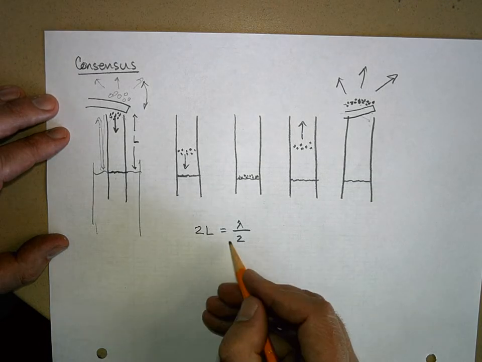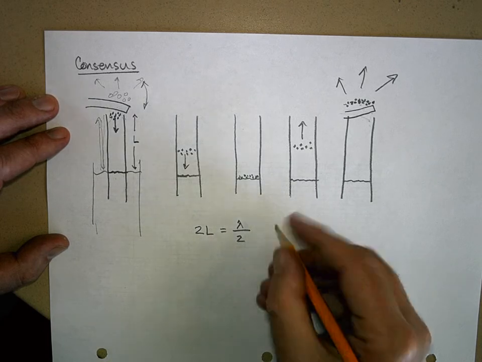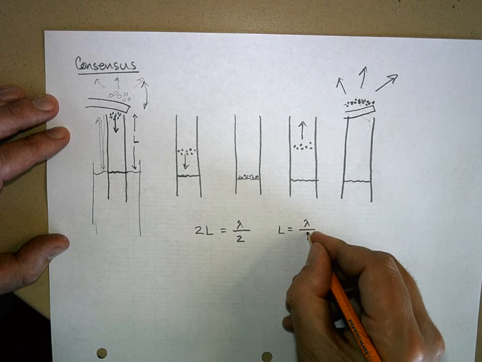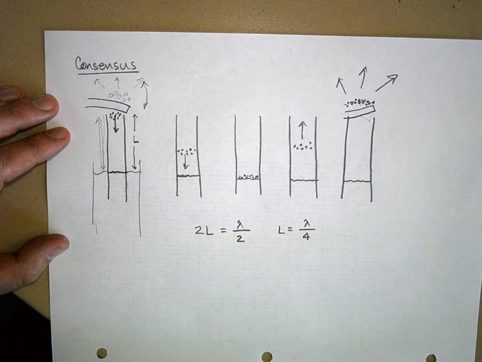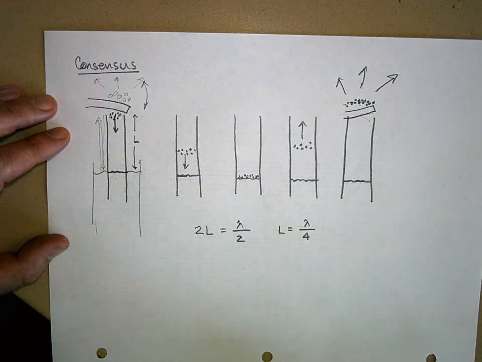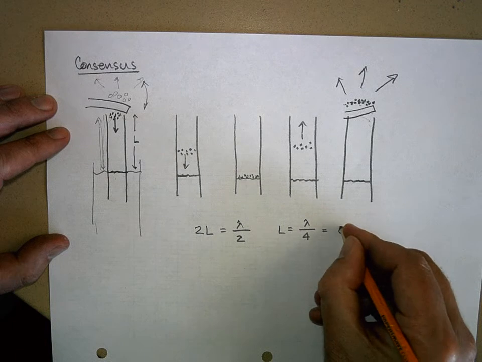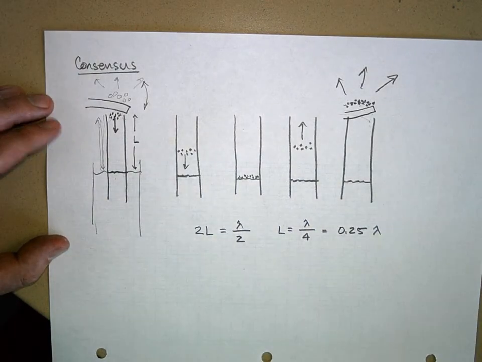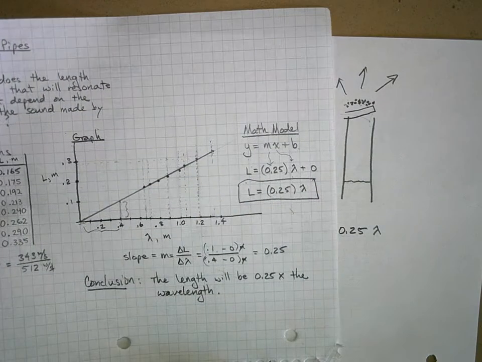Yes. Well, now let's solve for L. What do we get? L equals the wavelength over 4. And what is 1 over 4 equal to? 0.25 times the wavelength, which is exactly what we got.